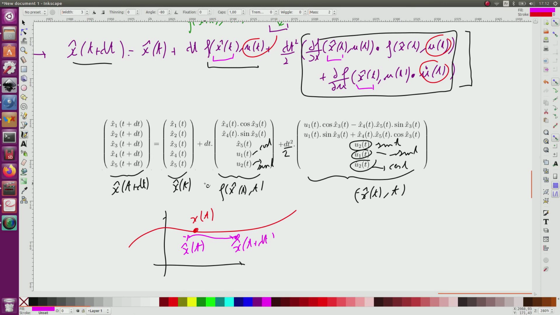I can reiterate the same integration chain like this, x hat at time t plus 2 dt, and so on. And the error when I perform the integration algorithm is of order 2, which is much more accurate than the classical Euler method, which is also a Taylor method of order 1.